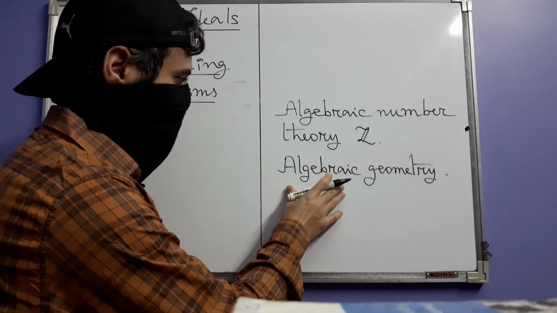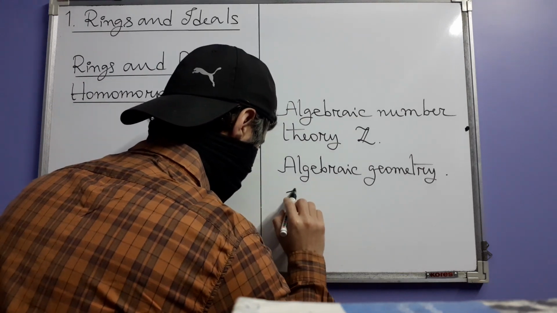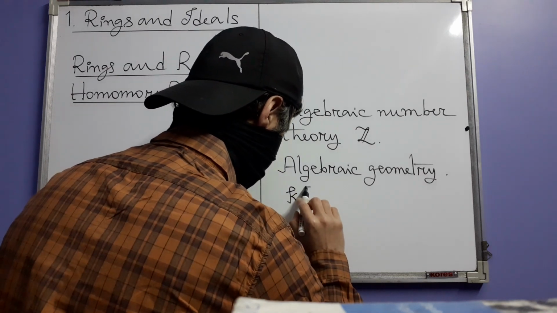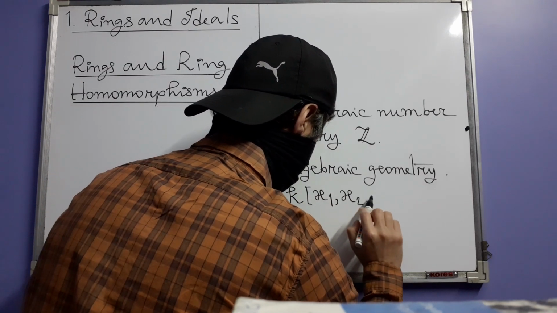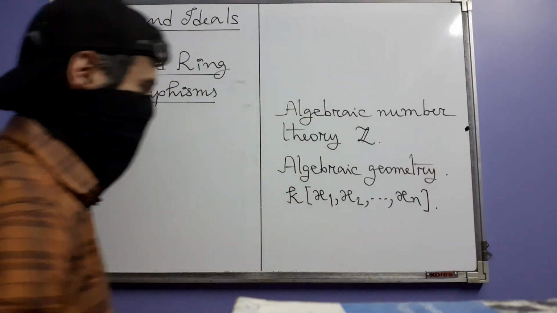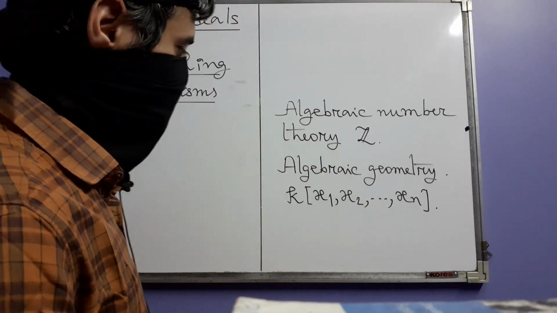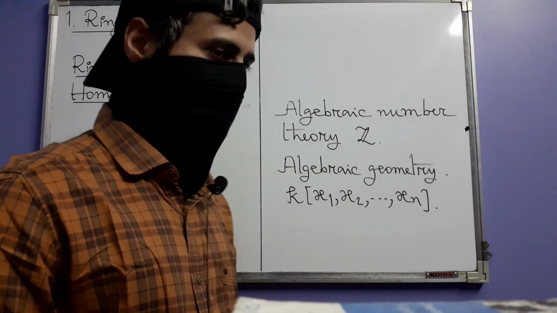And the type of ring we get from algebraic geometry are the polynomial rings in several variables, that is these rings. Where these are the indeterminates or variables, if we want to call them so, and K is a field.